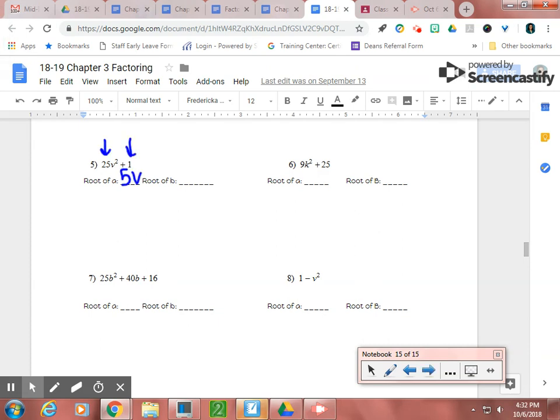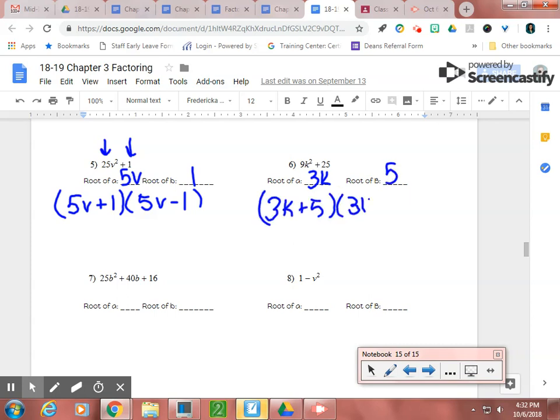So this is going to give you 5v, and the square root of this is 1. So I have 5v plus 1 and 5v minus 1. So think about if it's two parts, you're going to have two different answers. The root of this is 3k. The root of this is 5. So 3k plus 5 and 3k minus 5.